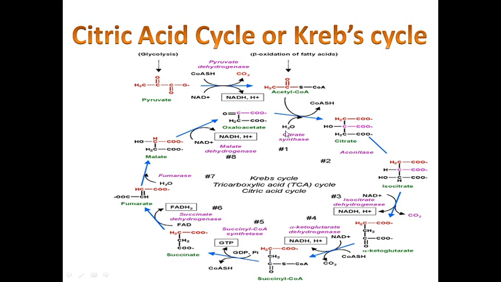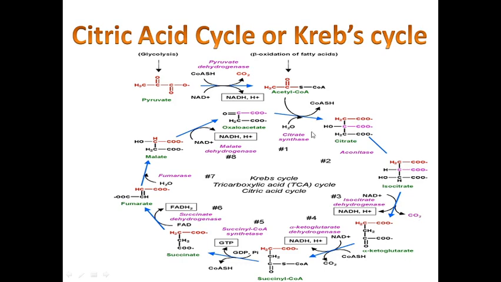So this is one turn of the cycle, but we are taking into account two molecules. So here 2 NADH are formed and 2 molecules of carbon dioxide are released.